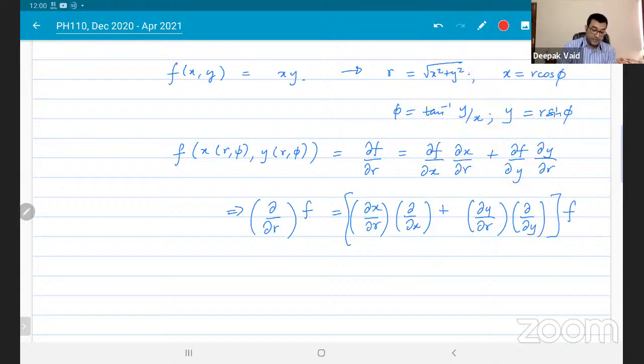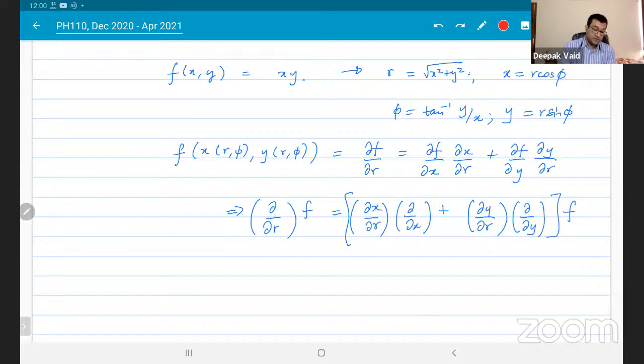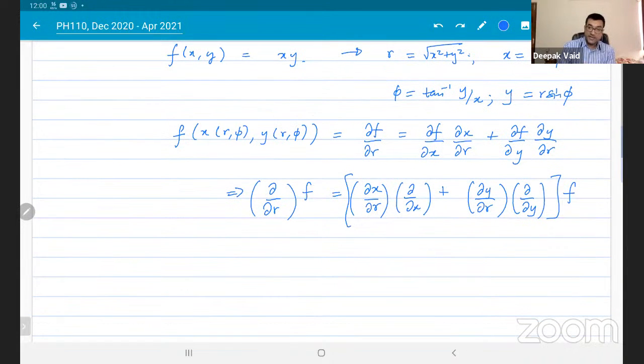But now you see that I cannot do any cancellation like this. This is not allowed, right? I'm not doing an integral. If I was doing an integration, then maybe I could do that. But here I can't do that. So it's exactly the same thing.